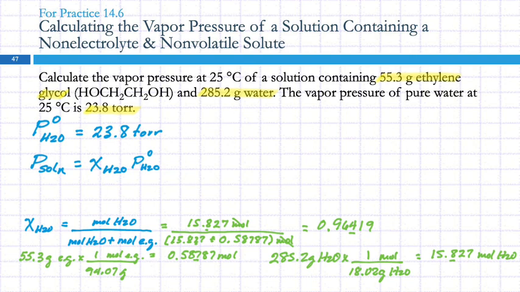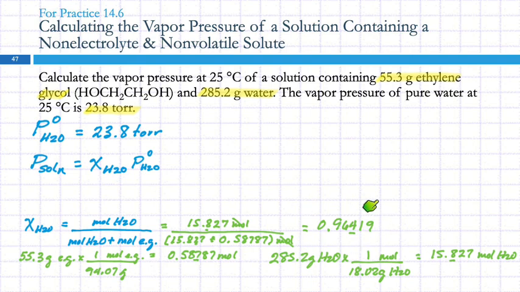Well, it makes sense that this is a large number, closer to 1, because we've got a lot of water and just a little bit of ethylene glycol. So in terms of moles, the mole percent would be 96% water, right? The pressure of this solution is going to be 96% of the vapor pressure of water.